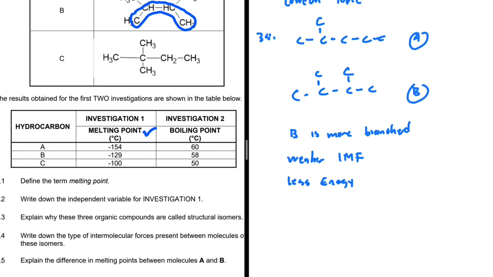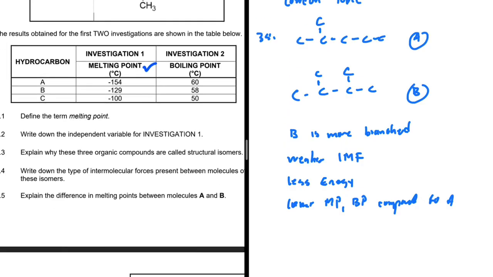So it will have a lower melting point and a lower boiling point compared to A. Right, if you have weaker intermolecular forces, you have a lower melting point and a lower boiling point, but a higher vapor pressure. Okay, that is 3.5. Yes, it is.